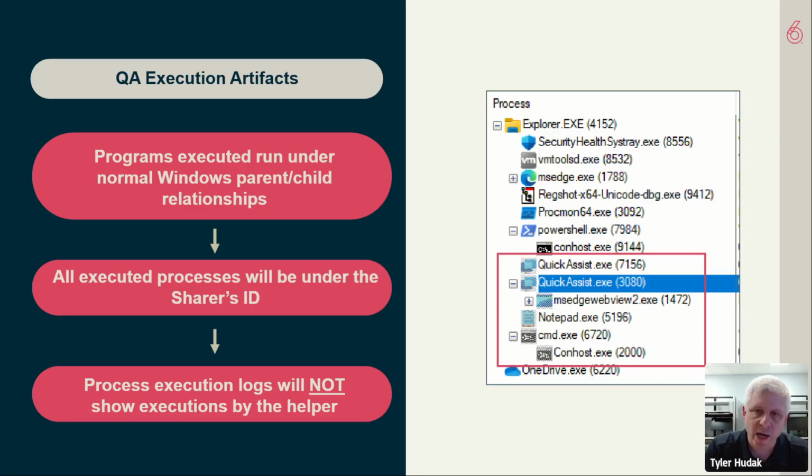It's going to be under their explorer.exe as the parent, and so the process execution logs that you typically have, or that are within the event logs, the Quick Assist event logs, aren't going to specifically tell you this program was executed through a Quick Assist session. There's always a chance that when a Quick Assist session is going, the person that's physically sitting in front of the computer, the sharer, might be running those programs instead of the helper. But there are still ways that we can at least narrow down what that was.